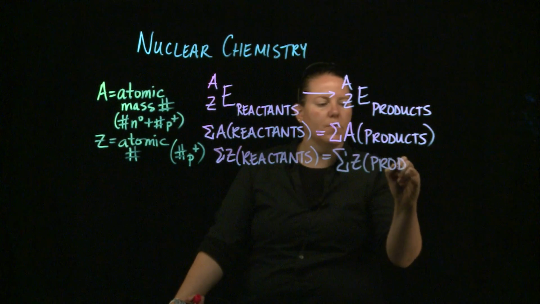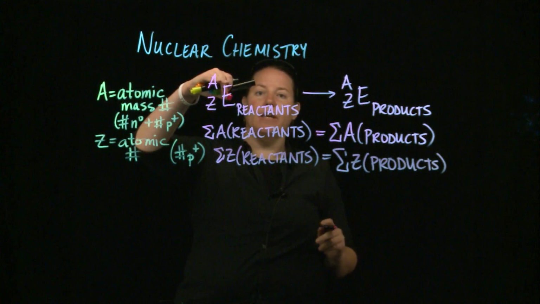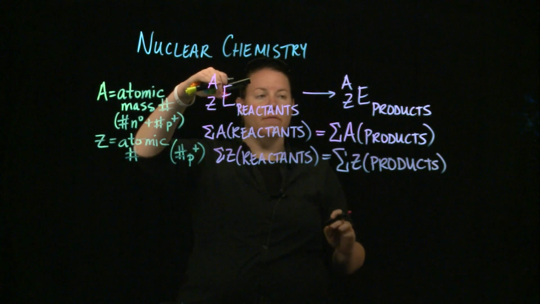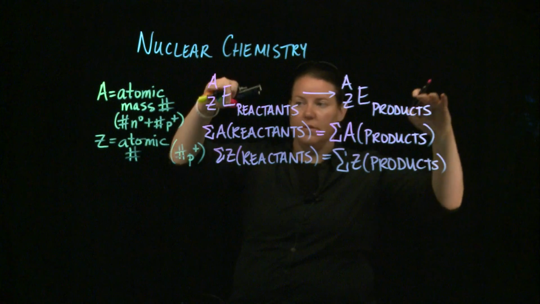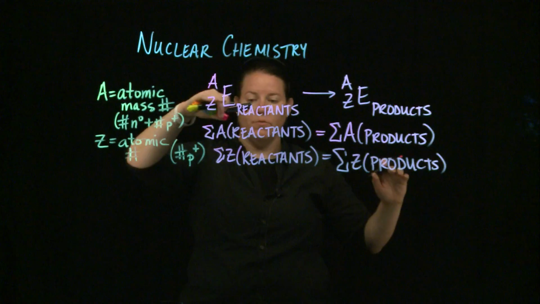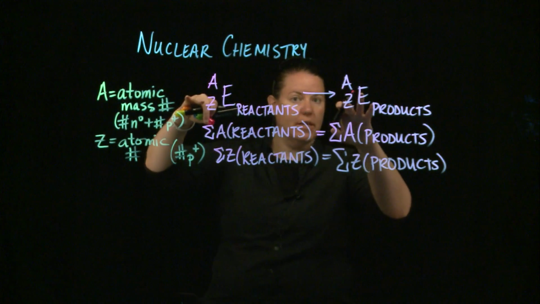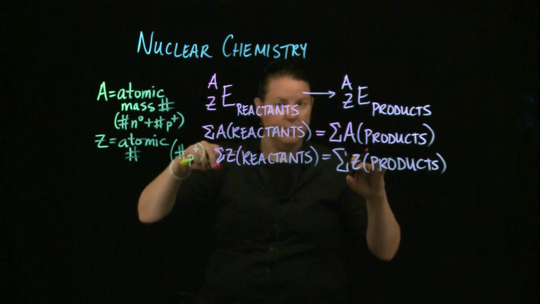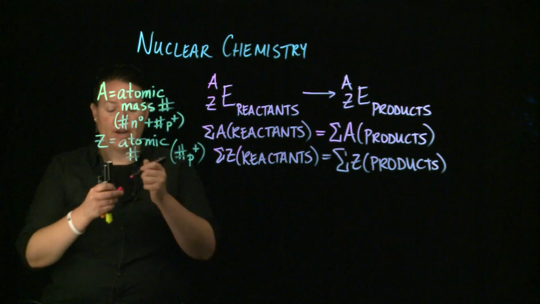The tops added up here have to equal the tops added up over here. The bottoms, the atomic numbers, added up on this side have to equal the bottoms added up over here. Okay, so that's what balancing a nuclear reaction means.